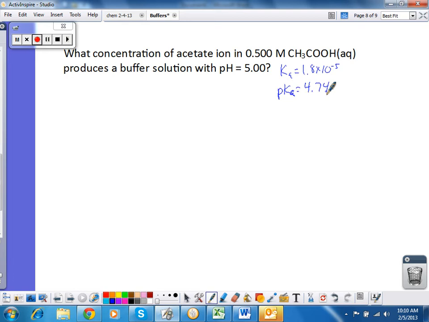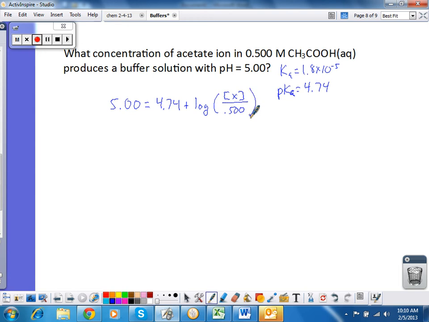So now when I set up this equation, pH, now that is my known value, that's equal to 5, is equal to pKa plus the log. Now I don't know what the concentration of acetate is, but I do know the concentration of acetic acid is 0.5.